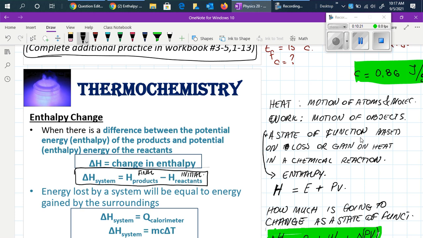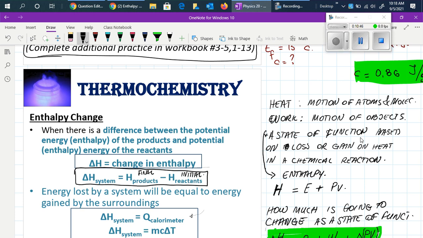So now, this change of heat that the system is undergoing is going to be either absorbed from or released to the surrounding, and this brings us to what we know as the calorimeter.